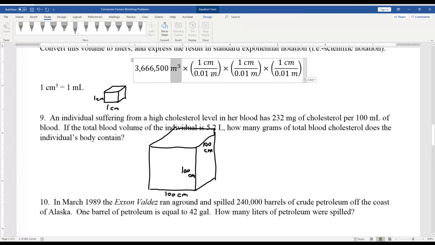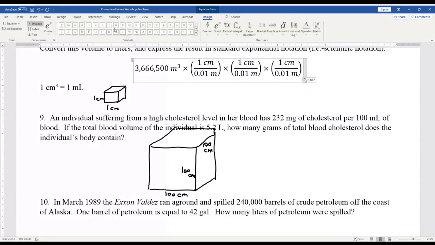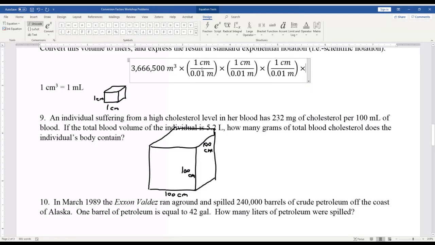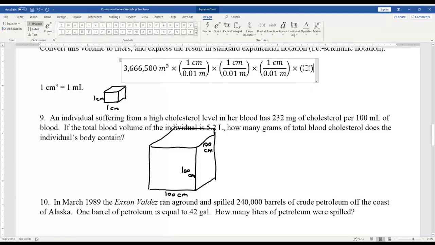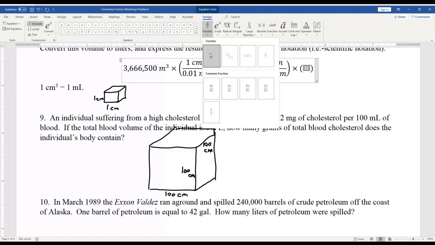There's meters cubed, so algebraically I have to divide by meters 3 times to make it cancel out. And on top, centimeters times centimeters times centimeters gives me centimeters cubed. If I do it like that, then I can convert centimeters cubed to milliliters, which I'll do now.